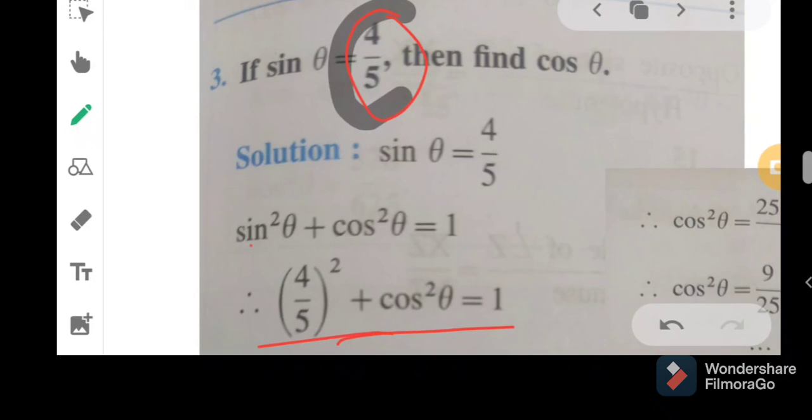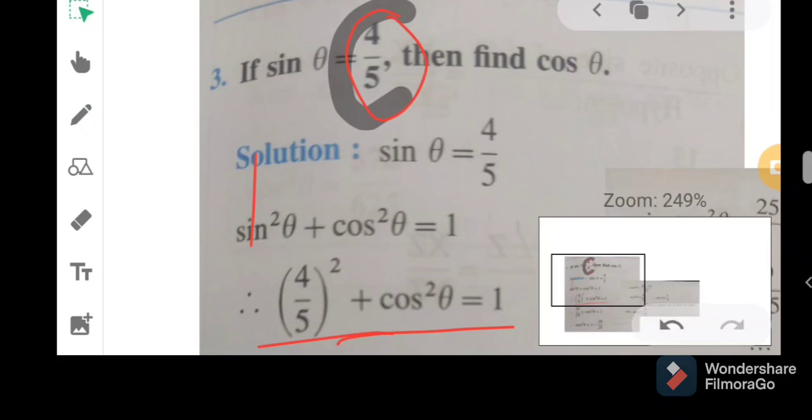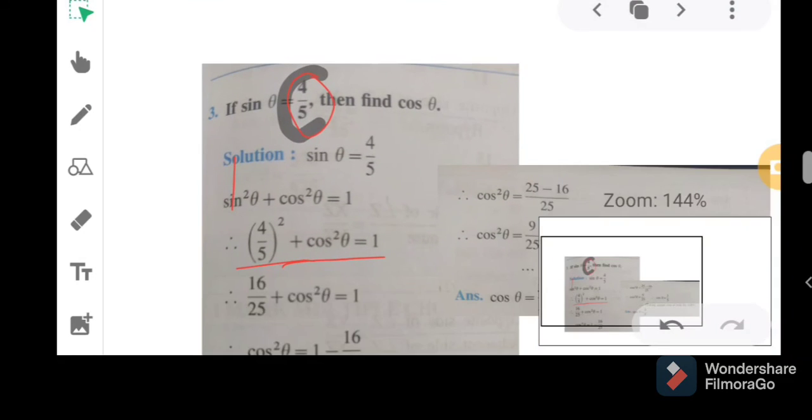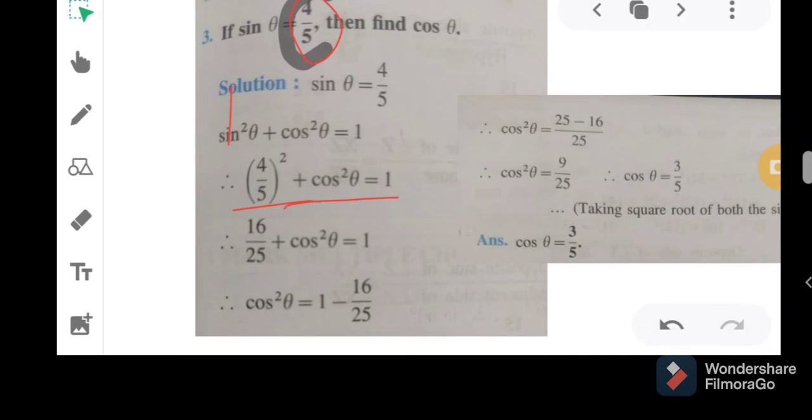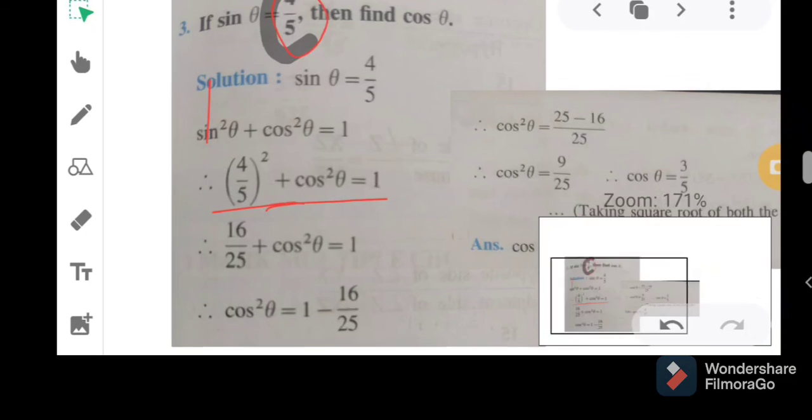So (4 by 5) square plus cos square theta equals 1. This is our identity. Square of 4 is 16 and square of 5 is 25. 16 upon 25 plus cos square theta equals 1. Now this 16 upon 25 is taken to the right side. It becomes 1 minus 16 upon 25.